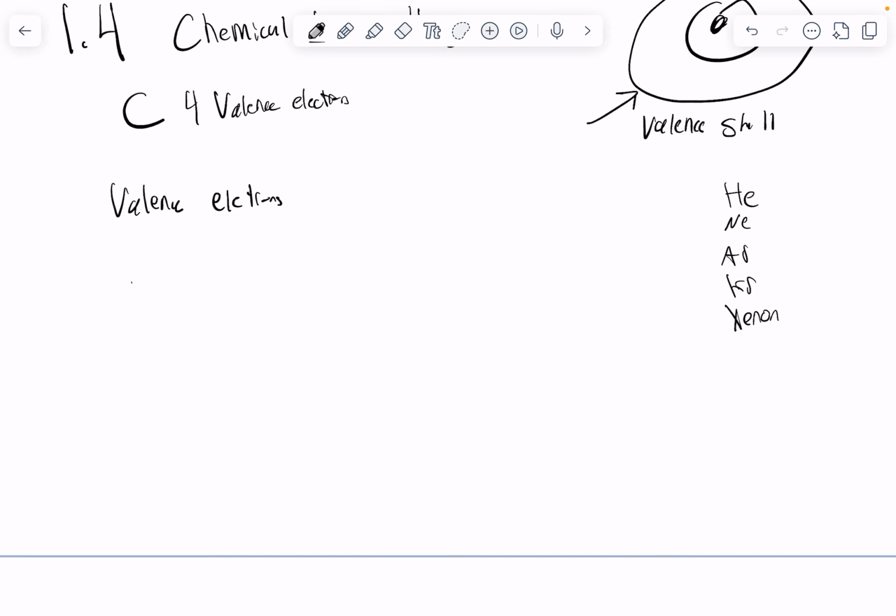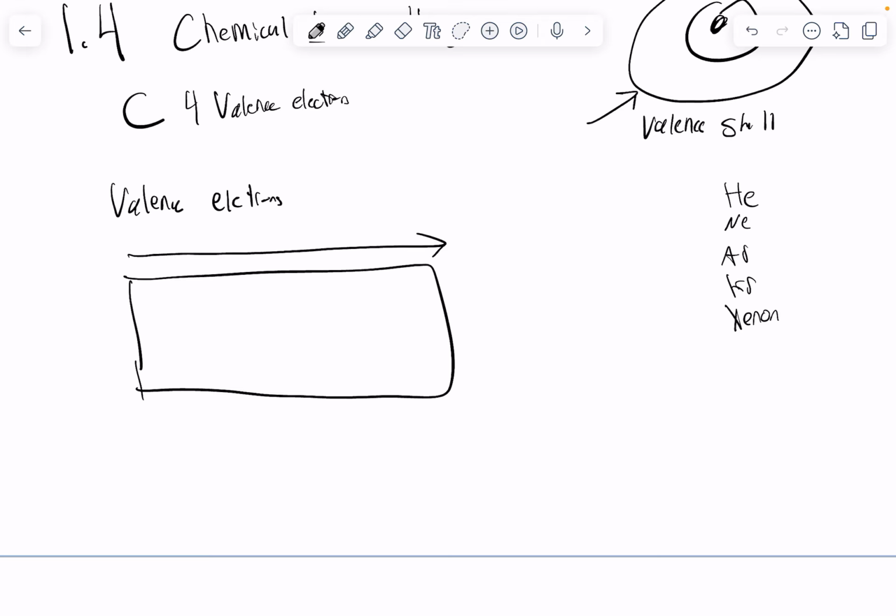So if we think about the whole periodic table as like a big square, atoms for the most part want to reach the noble gases that are down here, the noble gases that are over here. And atoms try to do that different ways. So like chlorine, for instance, will take an electron, an ionic bond, and sodium, for instance, will give up an electron to become a cation.